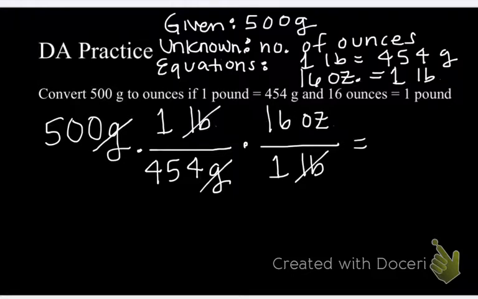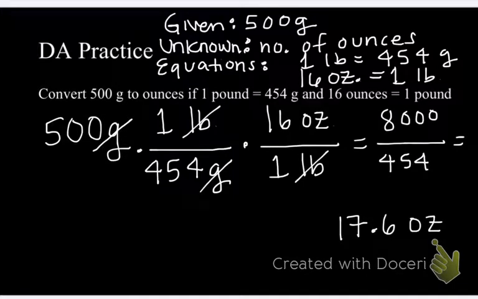And we would do the same thing as we did in the last problem. We're going to multiply the top, divided by what's on the bottom. So 500 times 16 is 8,000, divided by 454 is 17.6 ounces.